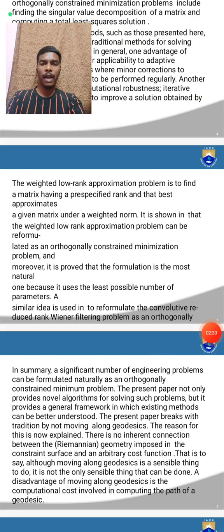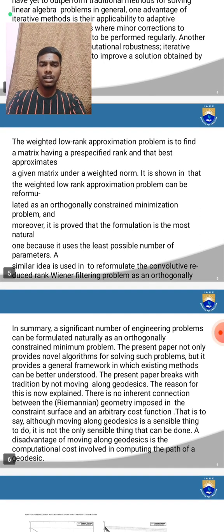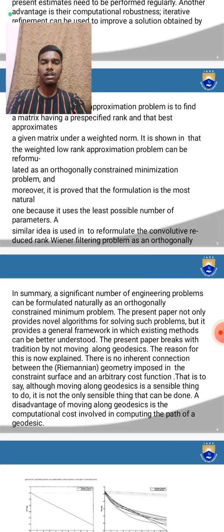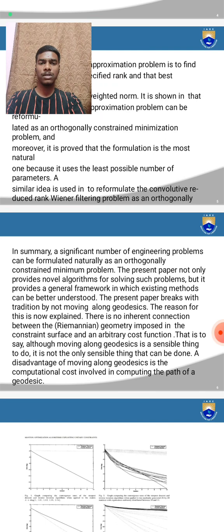The weighted low rank approximation problem is to find a matrix having specified rank that best approximates a given matrix under a weighted norm. It can be reformulated as an orthogonally constrained minimization problem, because it uses the least possible number of parameters.